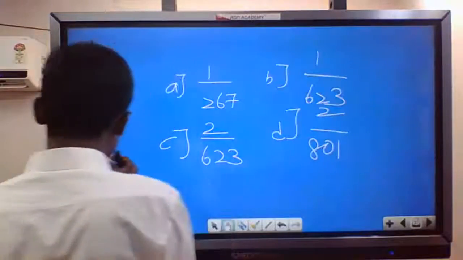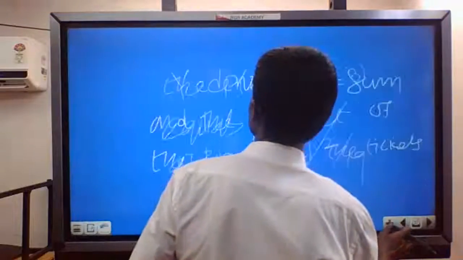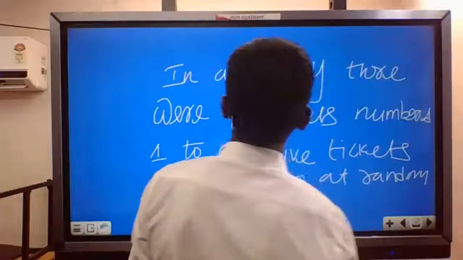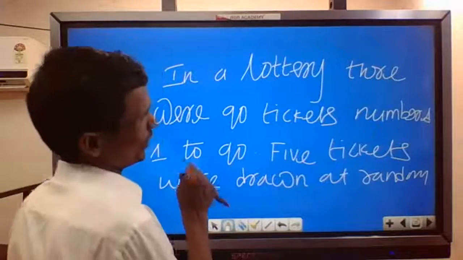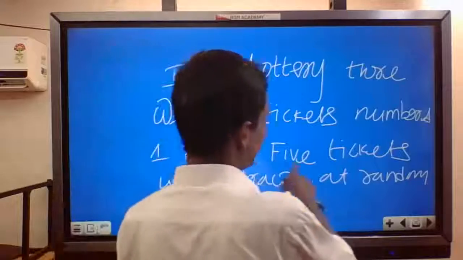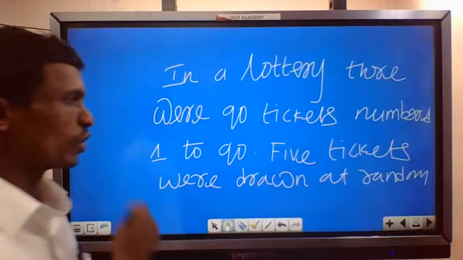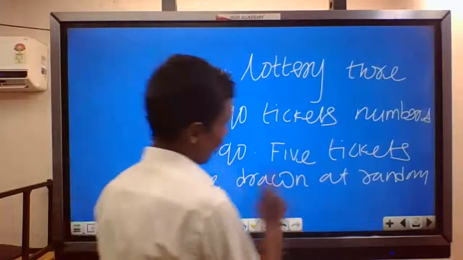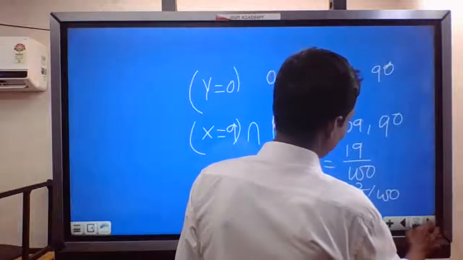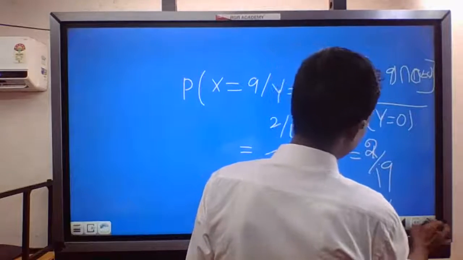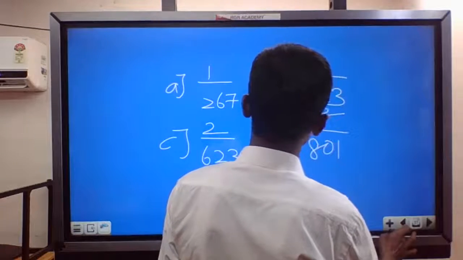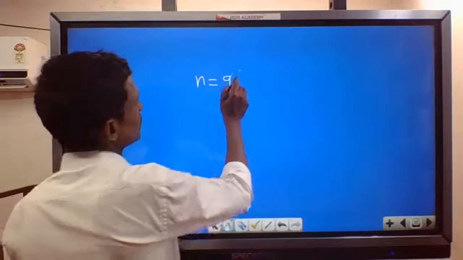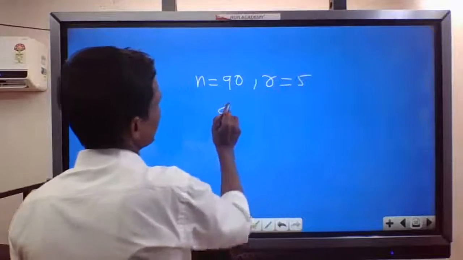Once again, I read this problem. In a lottery, there were 90 tickets, and 5 tickets were drawn at random. So R is equal to 5, and N equal to 90. The total is 90 C5.